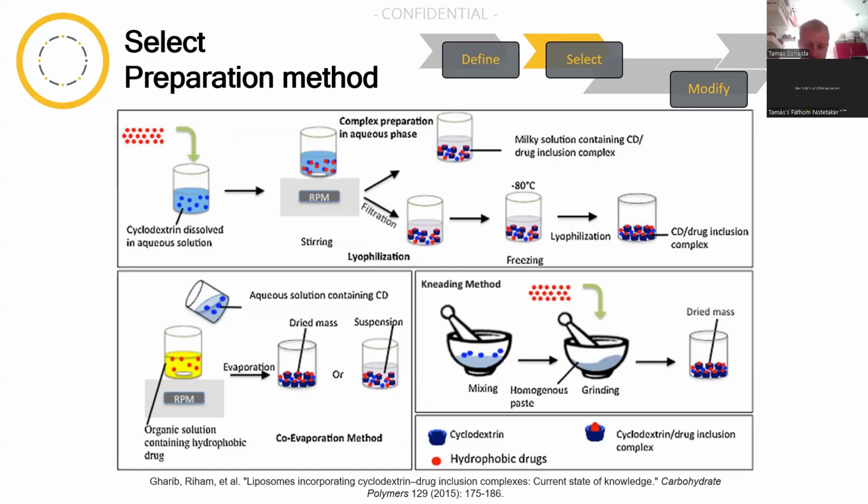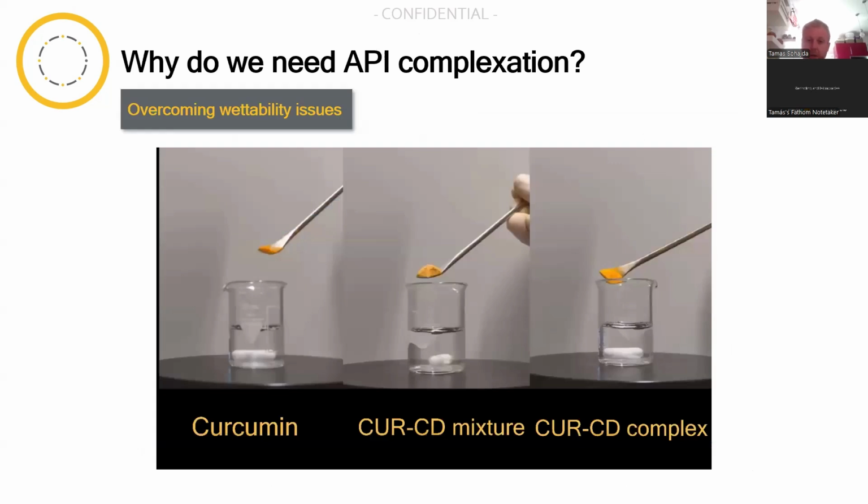And similarly to this thermodynamic force, external strength in the case of the kneading method or extrusion can be used to force, we could say, the hydrophobic drugs into the cavity of the cyclodextrins.